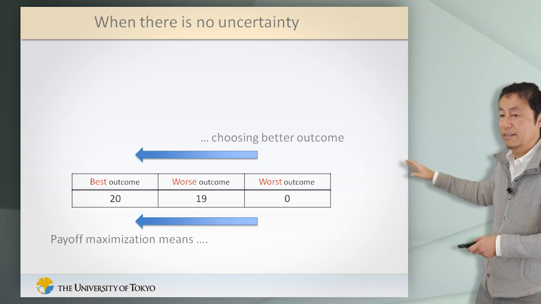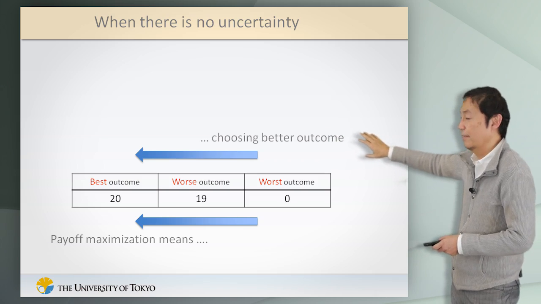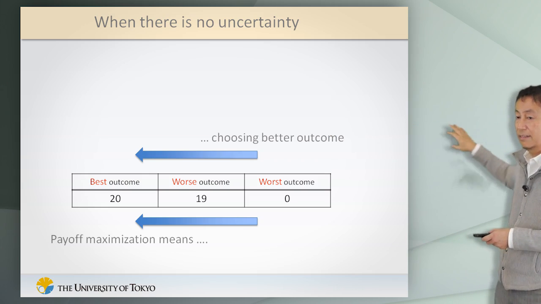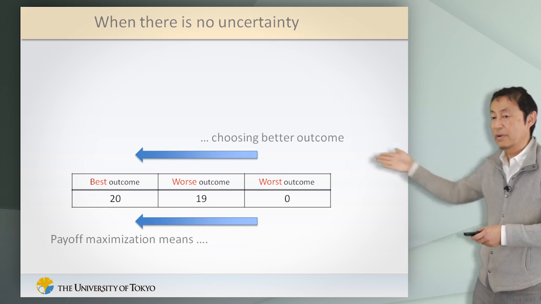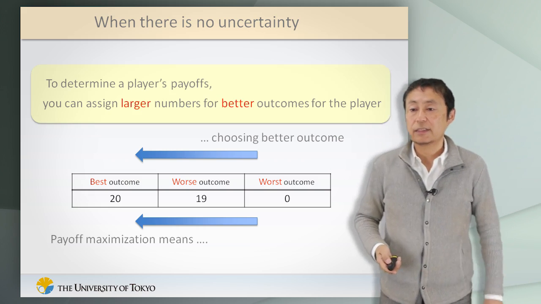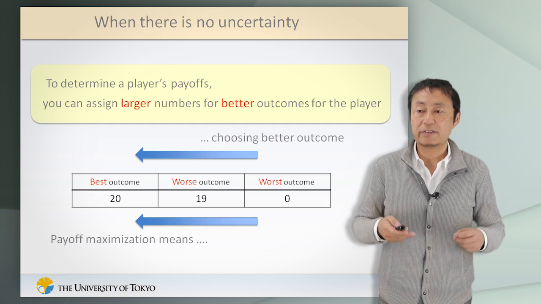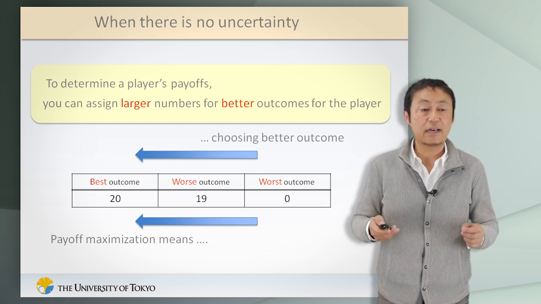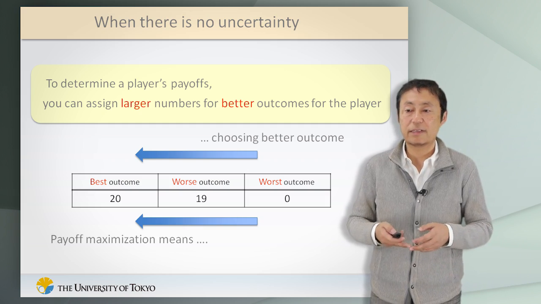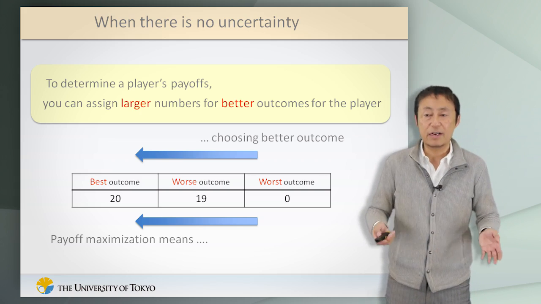It really doesn't depend on whether this number is 20 or 100. As long as this number here is larger than this number, and as long as this number is larger than this number, payoff maximization means choosing the better outcome. So to determine players' payoffs in a situation without any uncertainty, you can just assign larger numbers to better outcomes for the player. That is how you should specify payoffs in a game when there is no uncertainty.